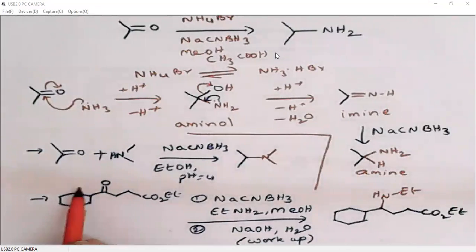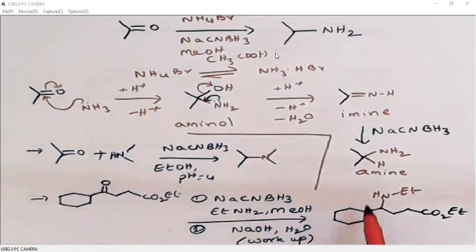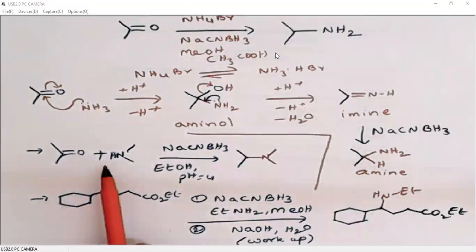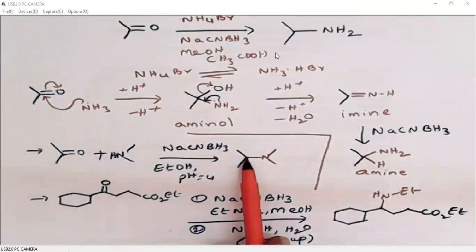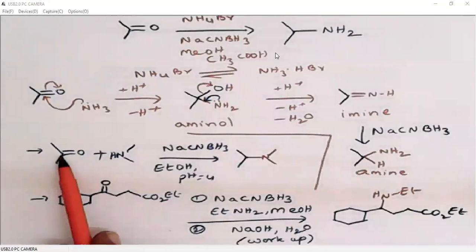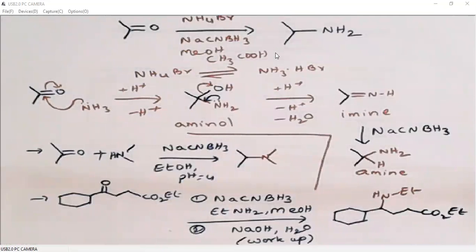Remove the carbonyl, so the carbonyl will not be there. Again, remove one proton from nitrogen and add that nitrogen to the carbonyl carbon. That's it. That is the overall reaction in a simple way. Here also we took out this proton on nitrogen, and nitrogen was bonded to the carbon which was previously a carbonyl carbon. So this is how we can simply predict the products in reductive aminations.